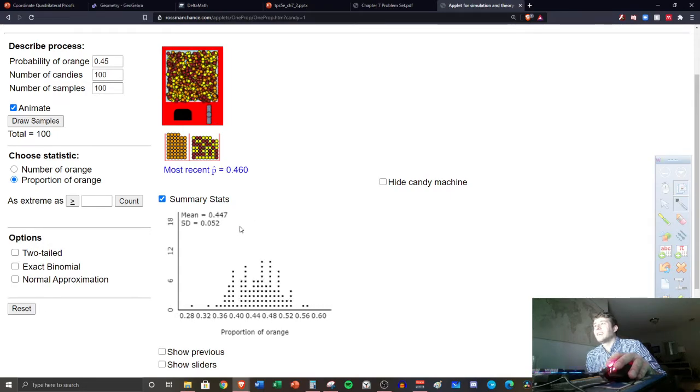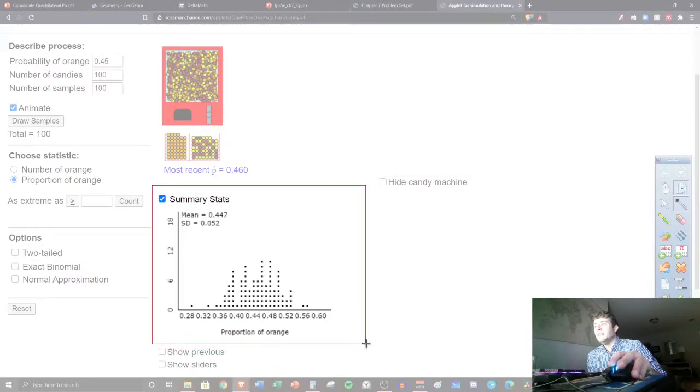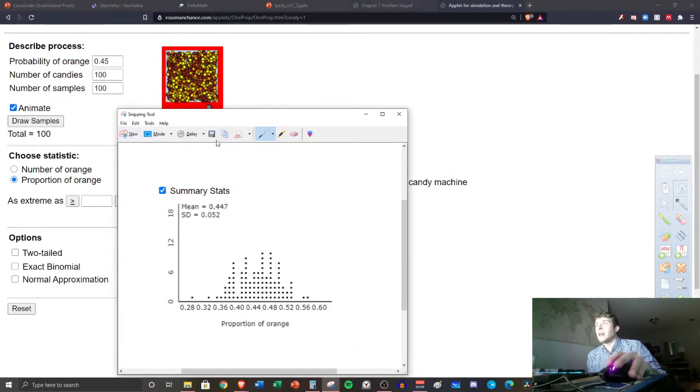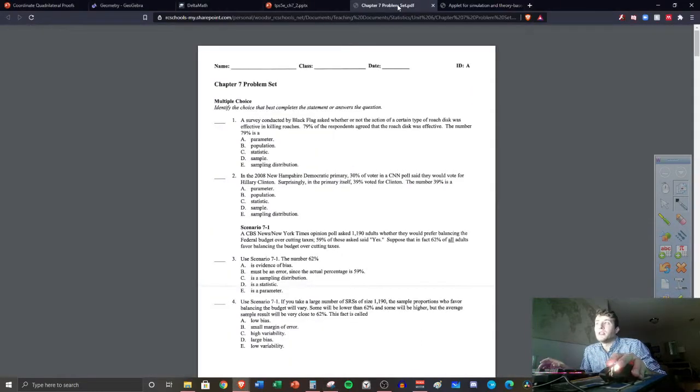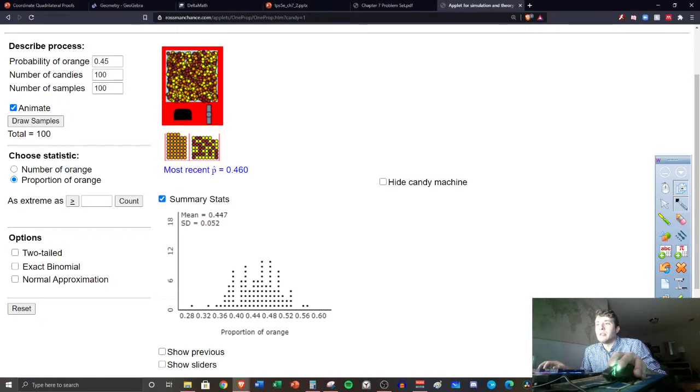Let's see how far. Okay. So there's our sampling distribution of 100. We had some very far outliers here. That's pretty low there. But we're getting even closer to that 0.45. So we're seeing that the smaller standard deviation means less variability, and then we talked about that.